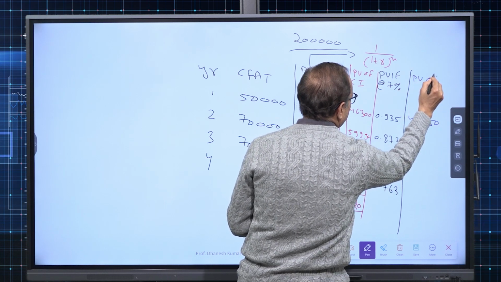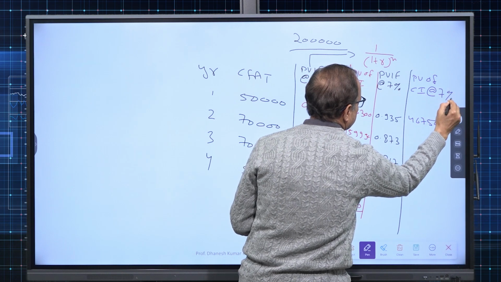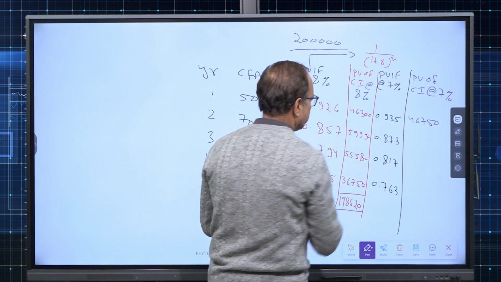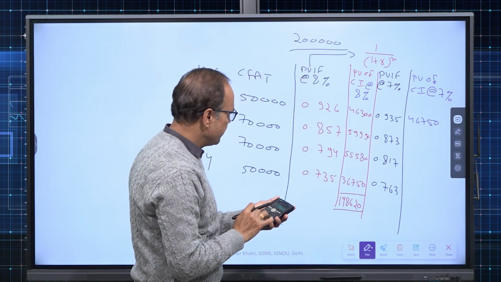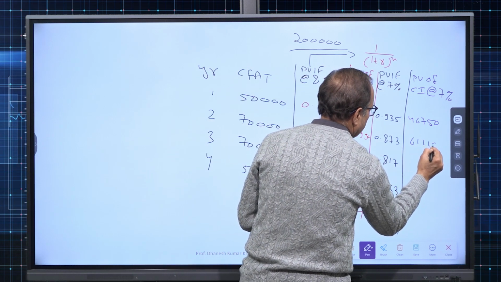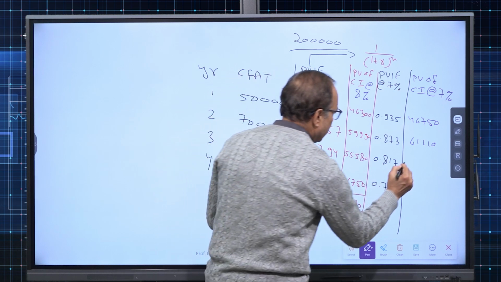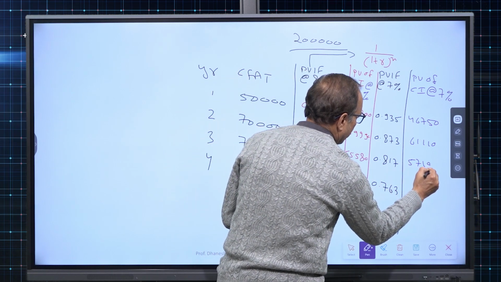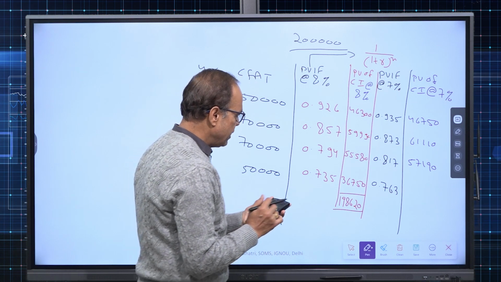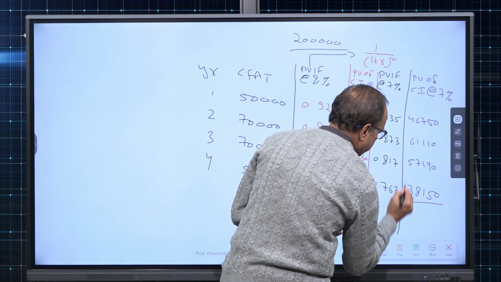So, this is the PV of cash inflow at the rate of 7%, and this was at the rate of 8%: $61,110, 57,190, then 38,150, and sum up those ones.